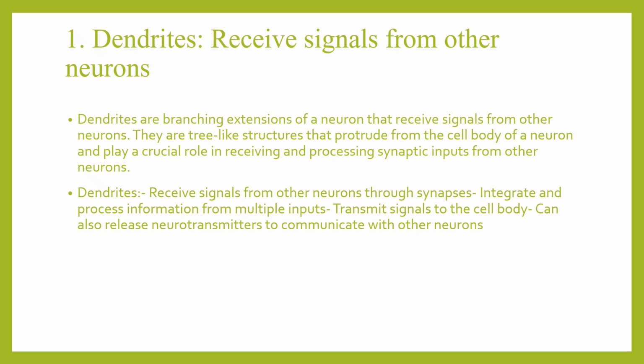Dendrites receive signals from other neurons through the synapses, integrate and process information from multiple inputs, and transmit signals to the cell body. They can also release neurotransmitters to communicate with other neurons.